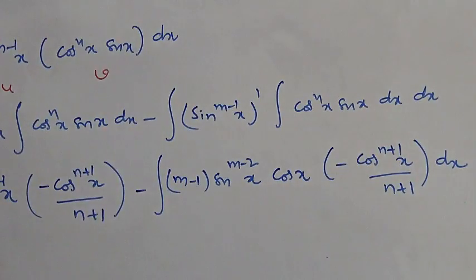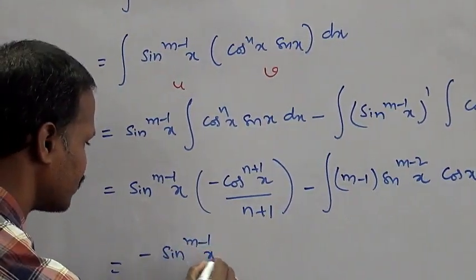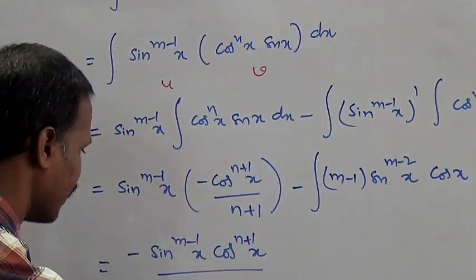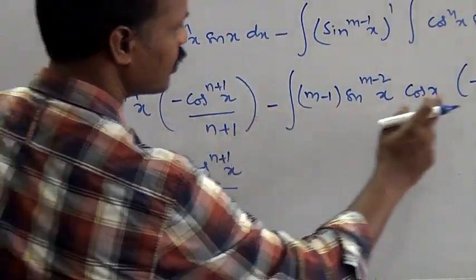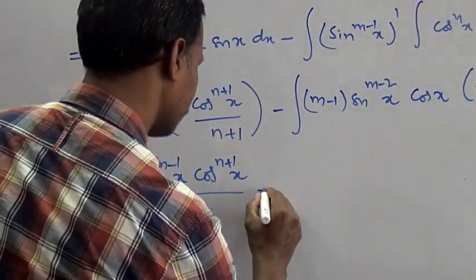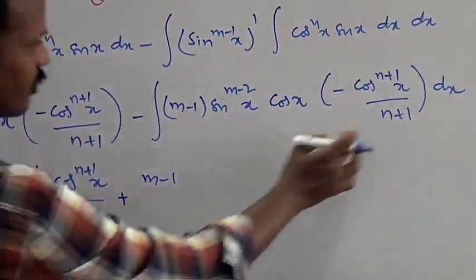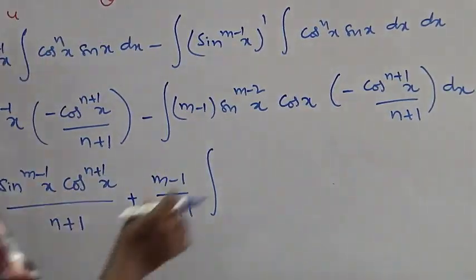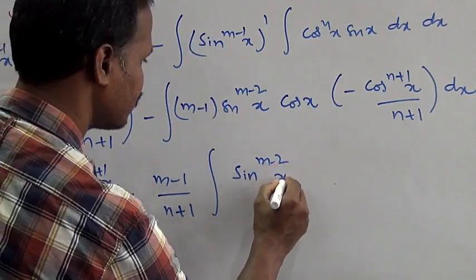dx. Okay, understood? Now this is equal to minus sin^(m-1) x cos^(n+1) x by (n+1). This one is minus into minus, plus (m-1) by (n+1) times the integral of sin^(m-2) x.